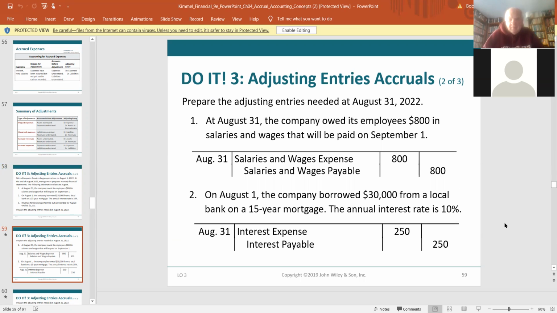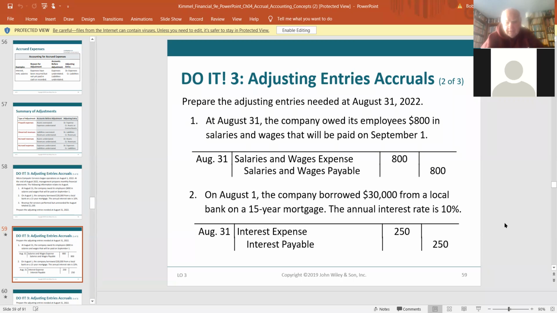August 31st, the company owed its employees $800. Okay, these are wages that you worked, Wendy, but you haven't been paid for yet. You worked from the 27th of the month to the end of the month. Well, you're not going to get paid until the following month. But to the company, that's an expense they have to record in the current month where you worked it. So that's what we're doing here on the adjustment.